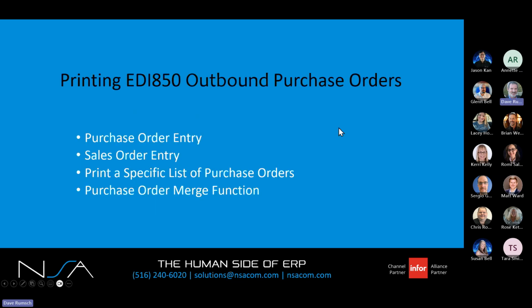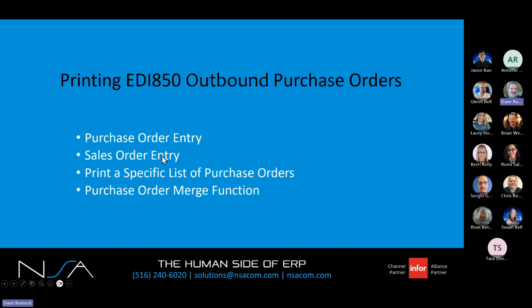Okay, so let's talk about the purchase order print functions. There are 4 methods that are generally used to print purchase orders in the software. I enter a purchase order and I print it. I enter an order in sales order entry, I create a tied purchase order, a regular purchase order that might come into our warehouse, or a drop ship or direct purchase order.